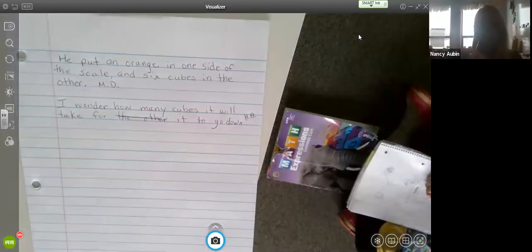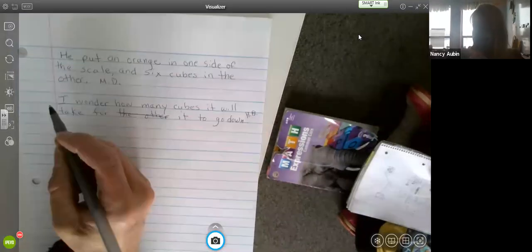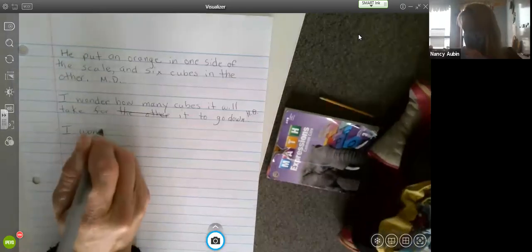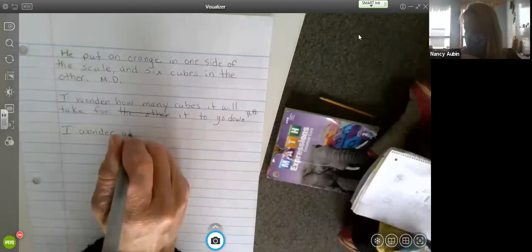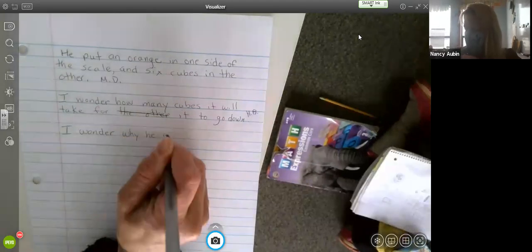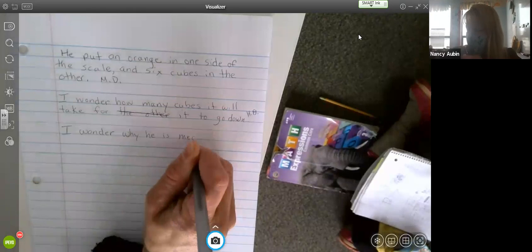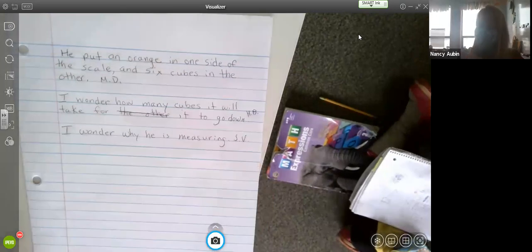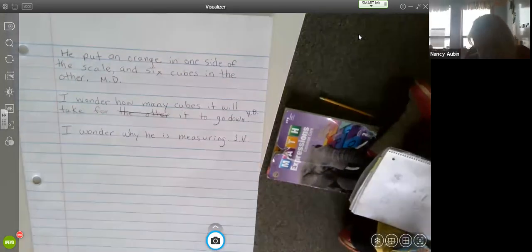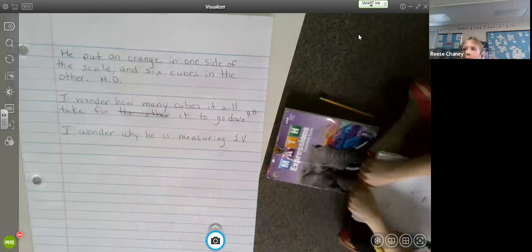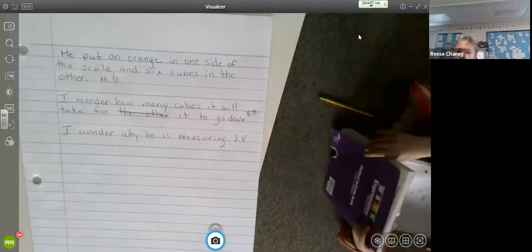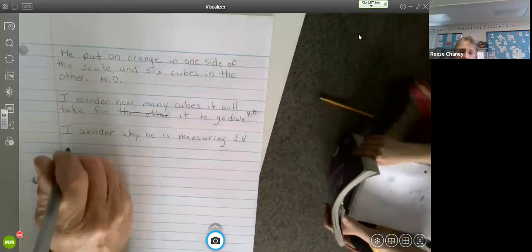Surnay, why is he measuring? I wonder why he is measuring. Surnay wonder. Miss Reese, what are you wondering or thinking about? I wonder how heavy that orange was, and why was he doing this project?